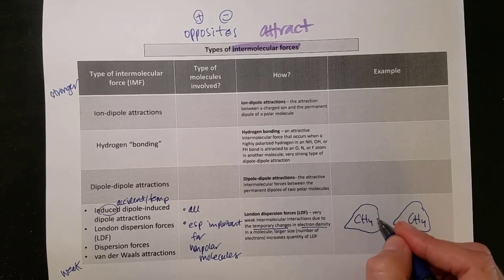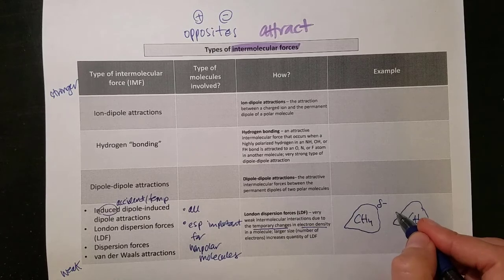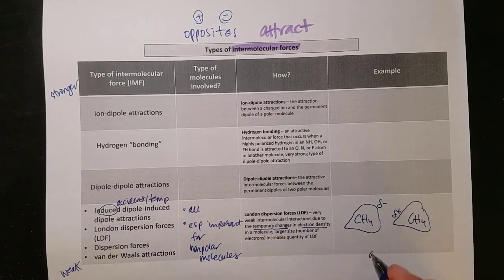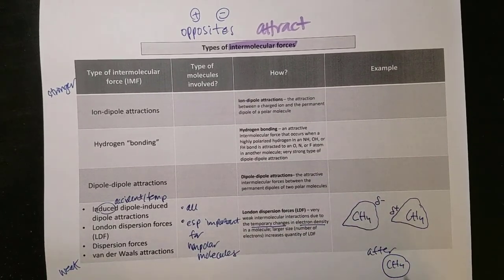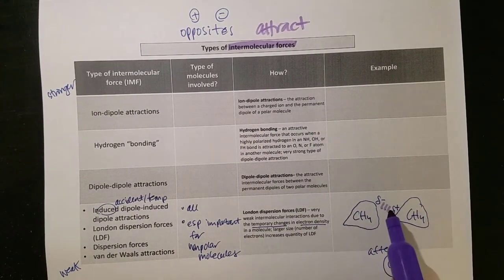The big bulge here would be a partial negative, using a lowercase delta, and that would be where the electrons temporarily hang out. Then I have a partial positive here just from colliding. After the collision, each of those CH4s goes back to its nice round electron cloud. But this temporary attraction lets there be a quick attraction between the 2 molecules, and sometimes that holds things together.